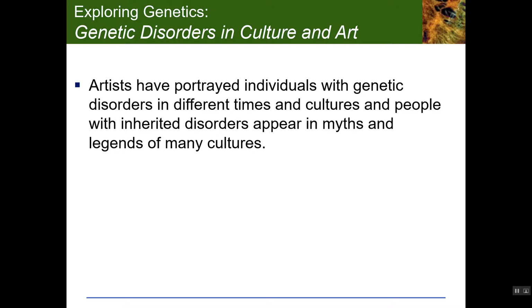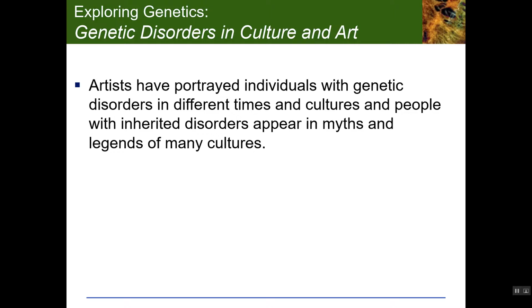In this case, we're just talking about genetic disorders in culture and art, but we'll certainly talk about some of the other more challenging and technically relevant things that will be impacting society in the future.